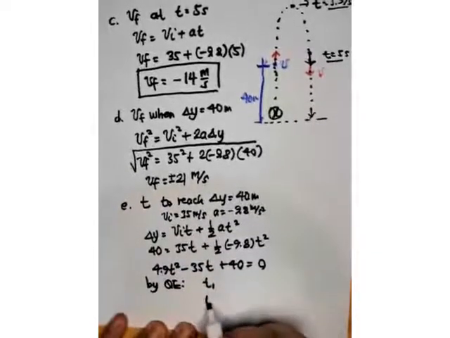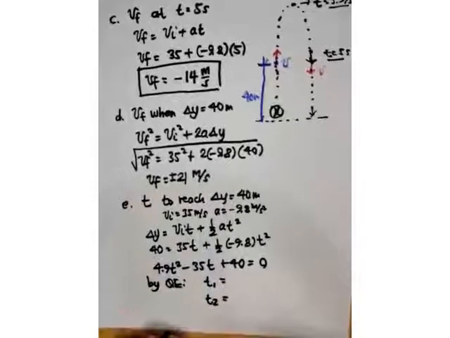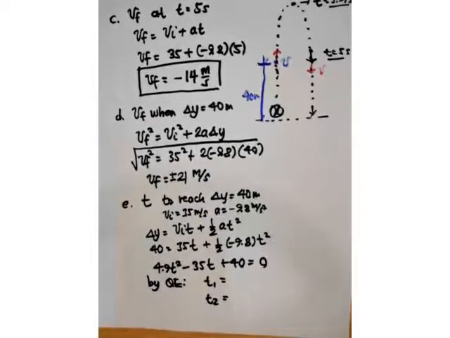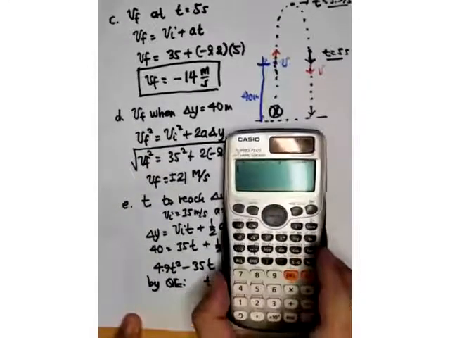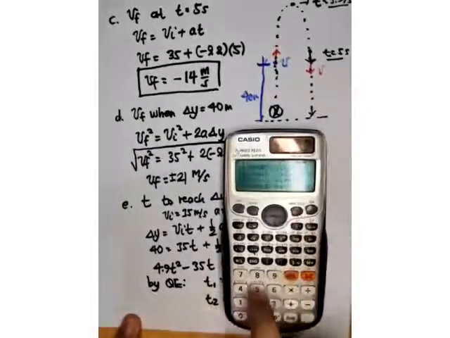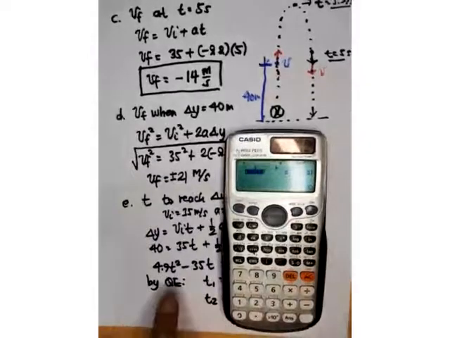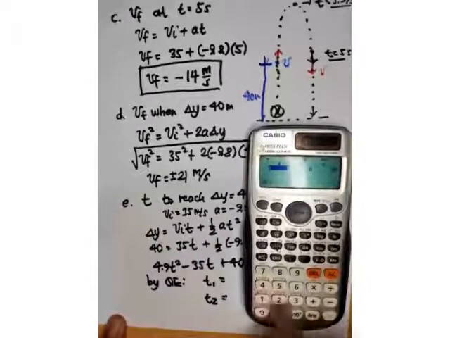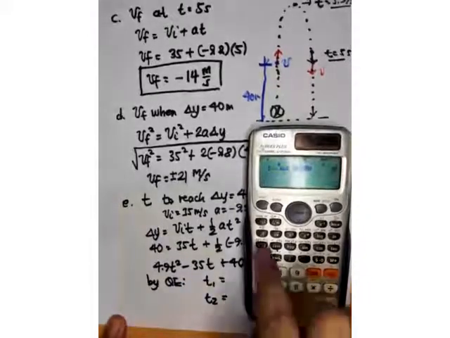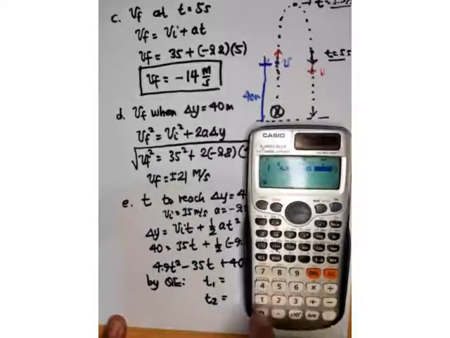So, if we will use the quadratic equation, dalawa ang magiging sagot natin kasi quadratic yung formula. Alam niyo ba yung quadratic equation? Sa calcu, mode 5, 3. Tapos i-type nyo lang yung mga coefficients. So coefficients are 4.9, negative 35, and positive 40.